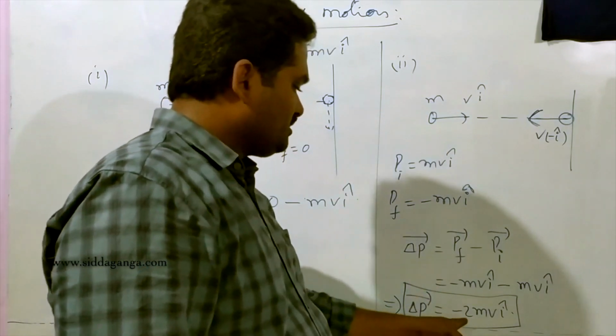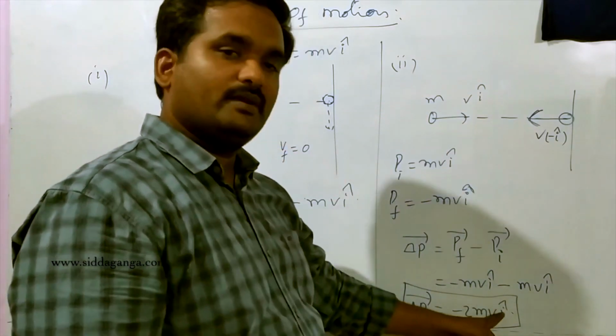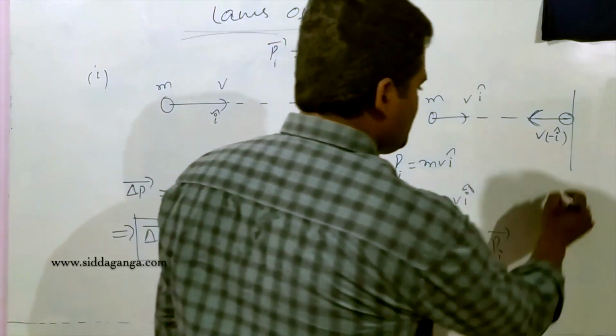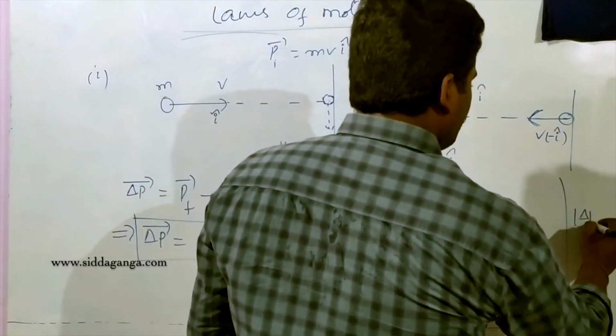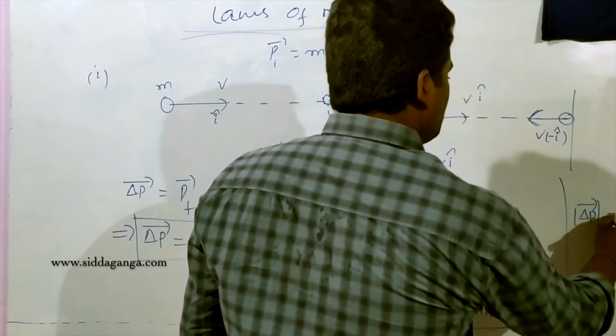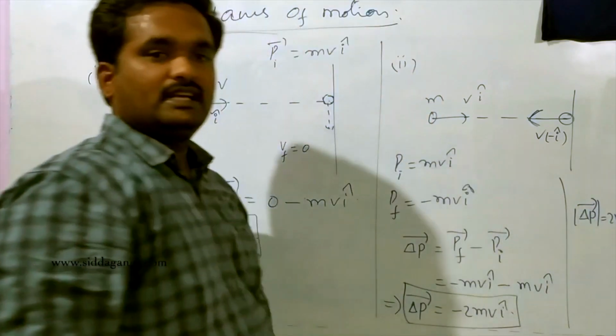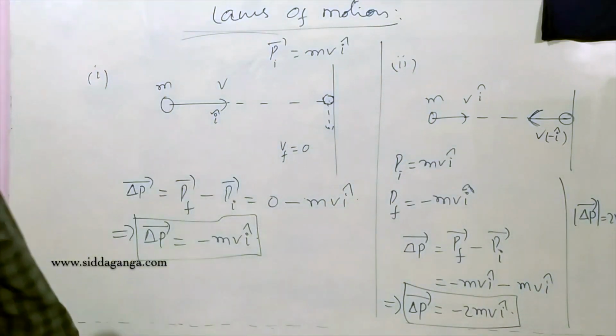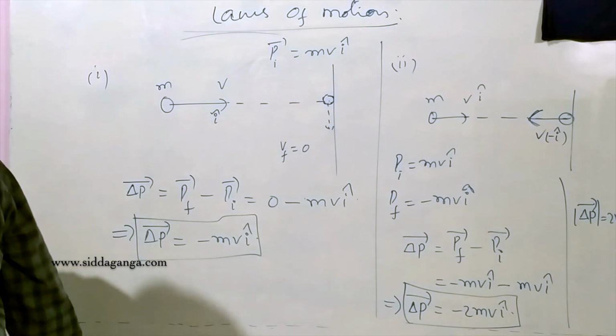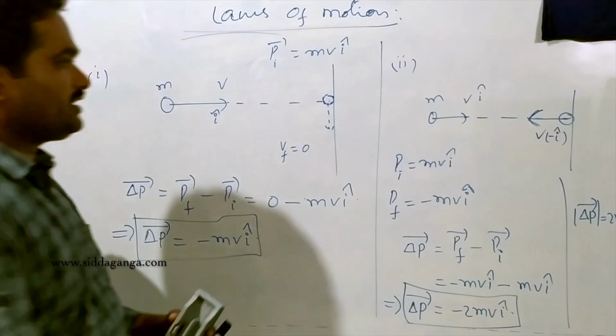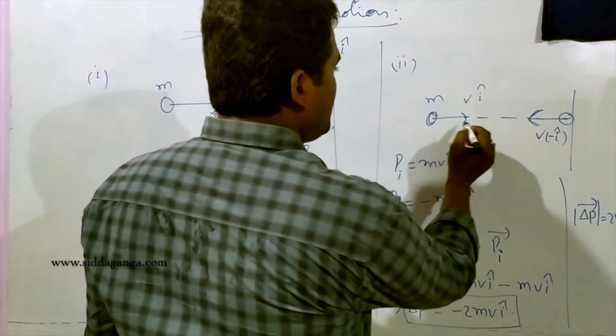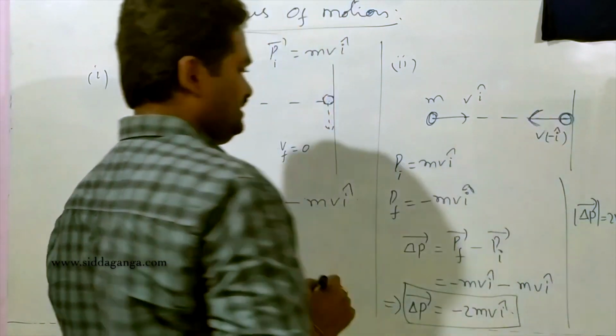And the magnitude of the change in momentum is the modulus of delta p, equal to 2 times mv.